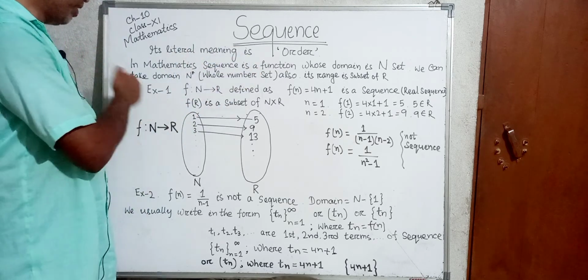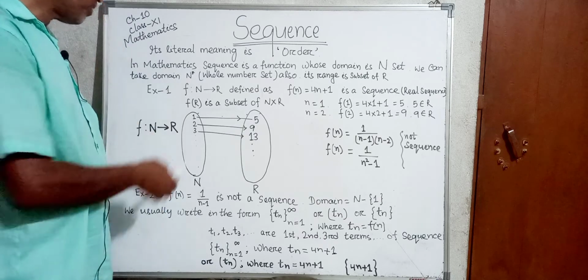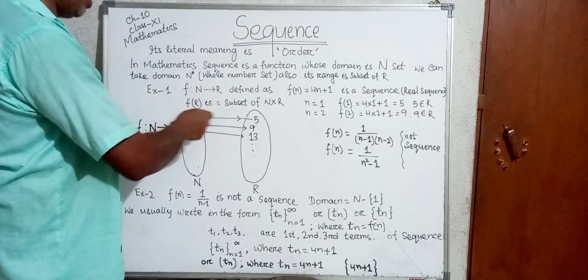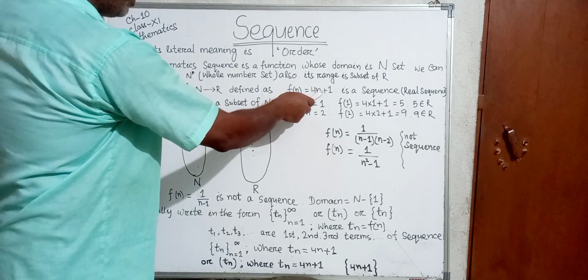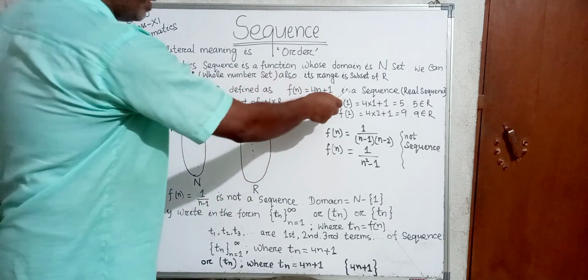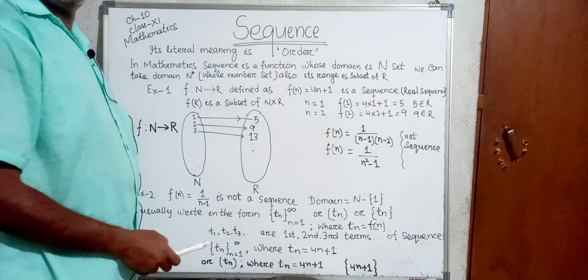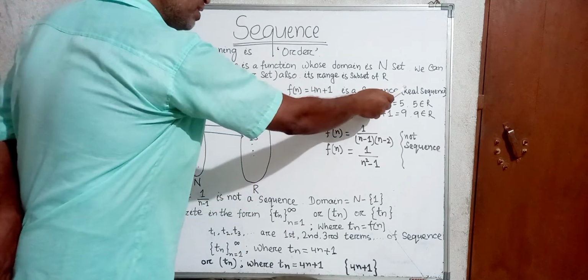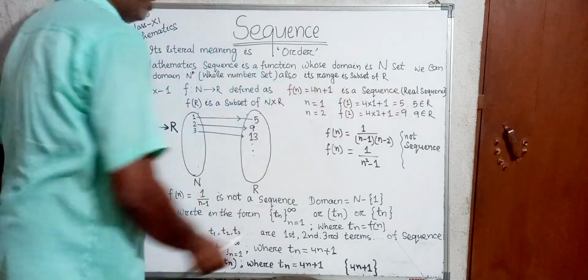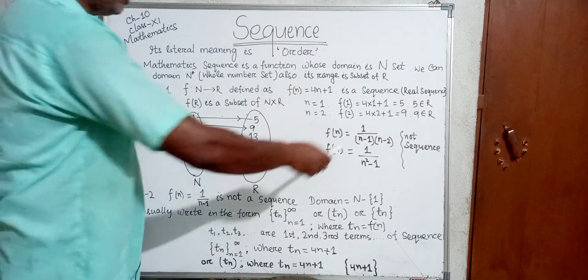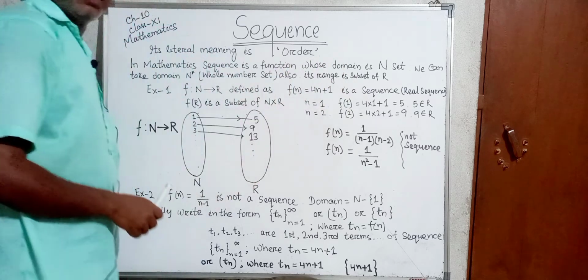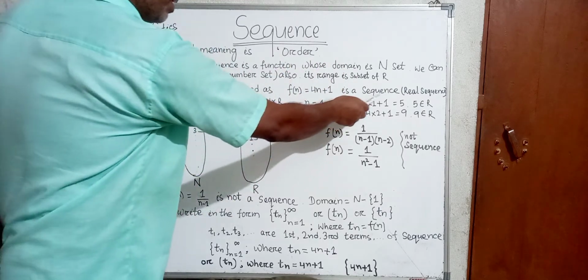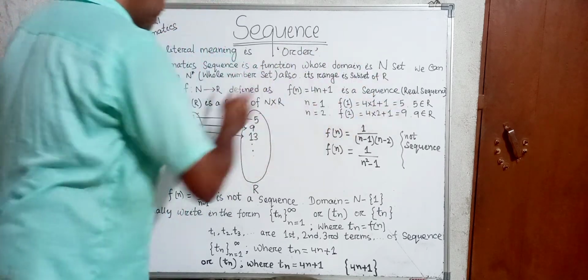Come to example 1. A function from N to R defined as f(n) = 4n + 1. It is a sequence, or we say simply a real sequence. Why? Because the range is a subset of the R set, the real number set. That is why we say it is a real sequence.